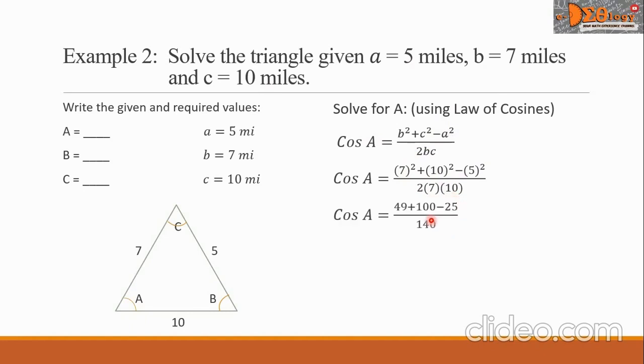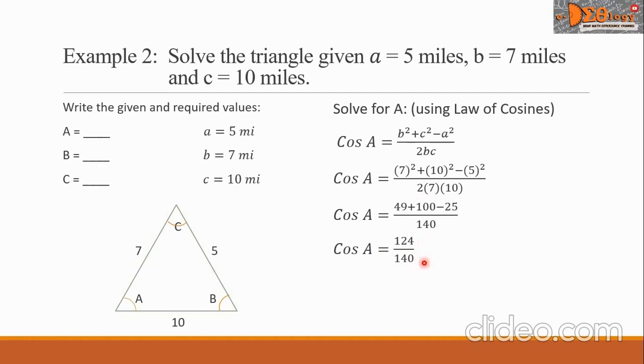Simplifying further, the 7 square is 49, 10 square is 100, 5 square is 25. In the denominator, 2 times 7 times 10 equals 140. Let us simplify the numerator. 49 plus 100 minus 25, we will get 124 over the denominator 140.